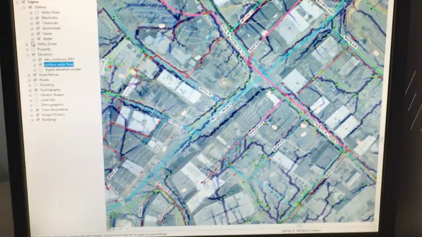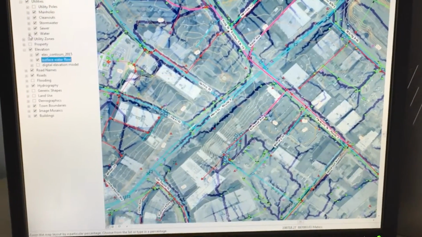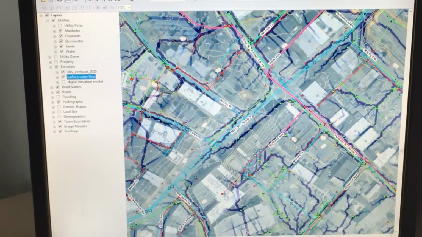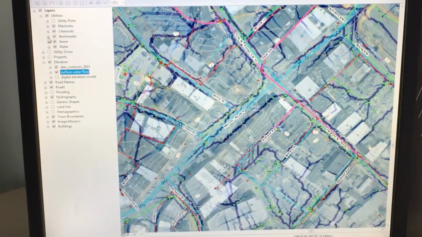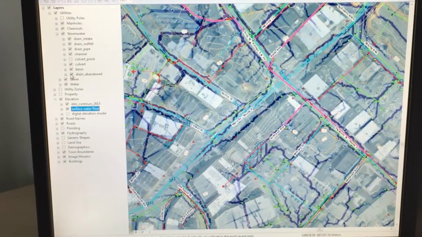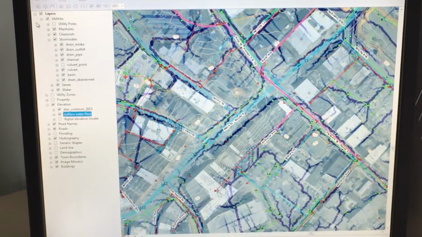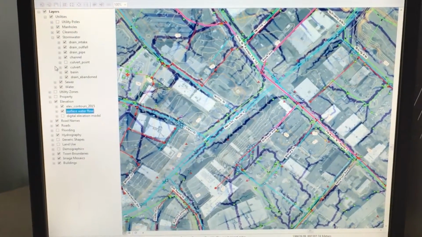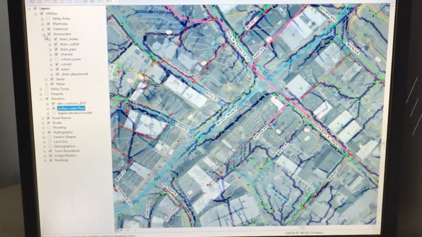Do you have the rain gardens and swales on this? We have detention basins, the bigger things. Just see if those are on. Culvert point, basin abandoned. Oh, okay.